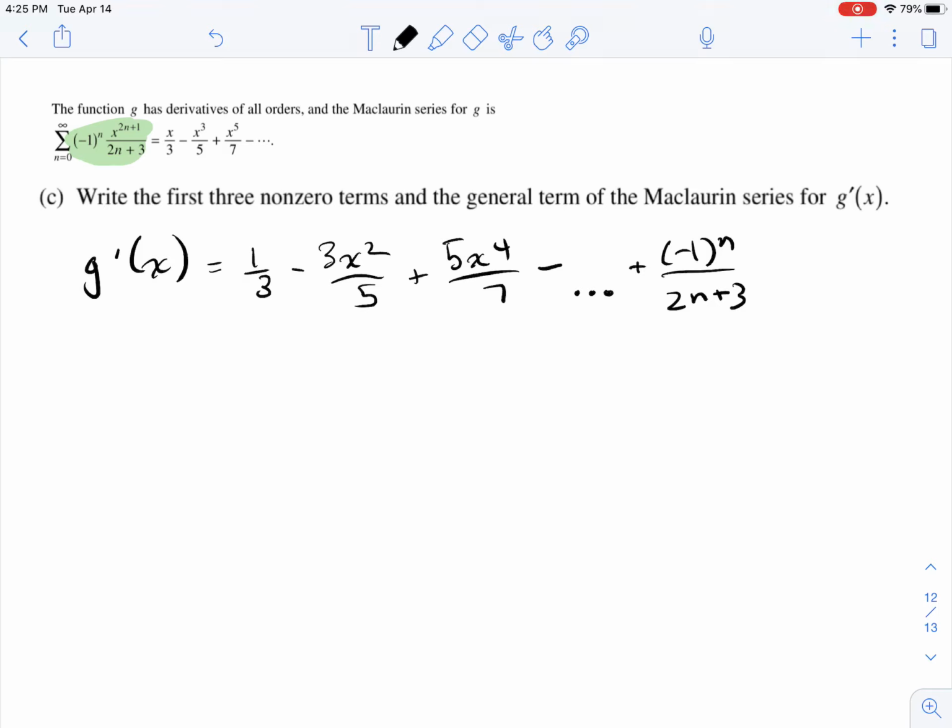So when we're just doing the derivative of x to the 2n plus 1, that's going to be 2n plus 1 times x to the, and we are going to reduce that power by 1, so 2n. And we are going to put those ellipses here to show that this series is going to go on forever. And that's pretty much it. And if you want to get a little bit nicer, you can go ahead and just put all of that in the numerator if you want to. But that's that. There is the Maclaurin series for g prime of x.